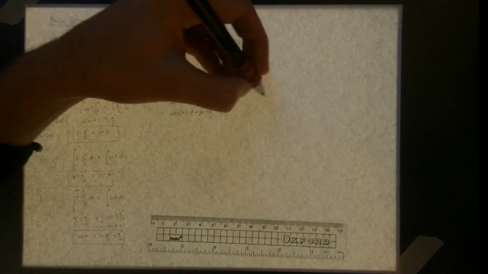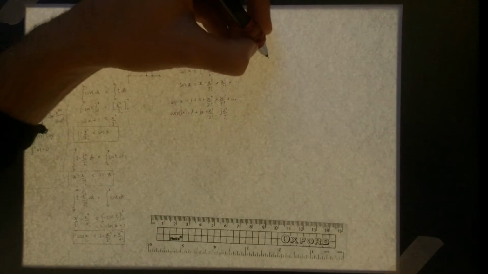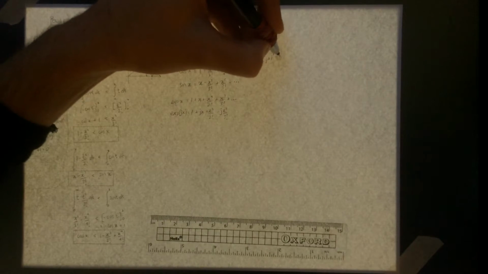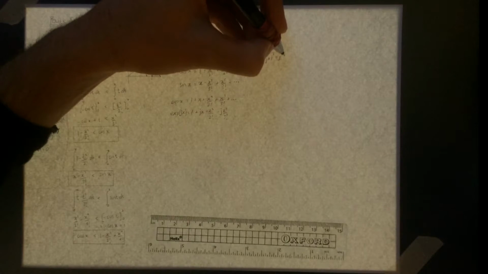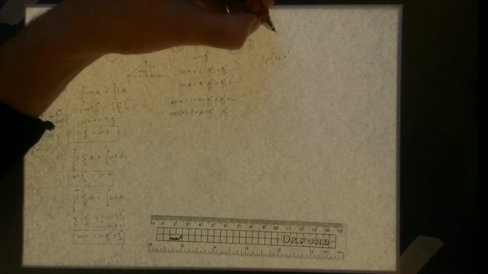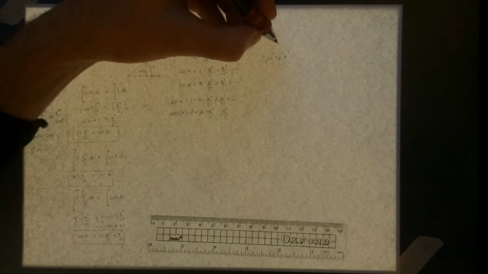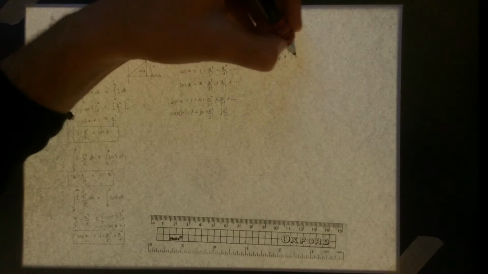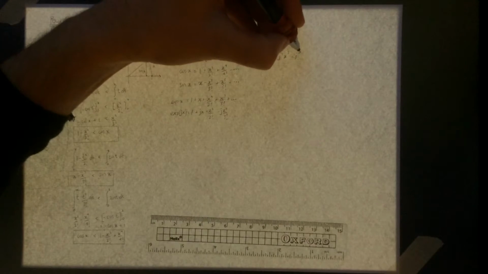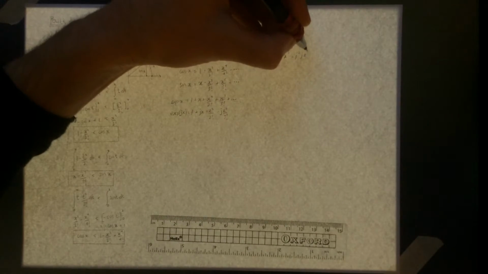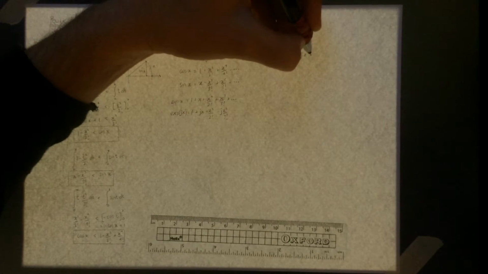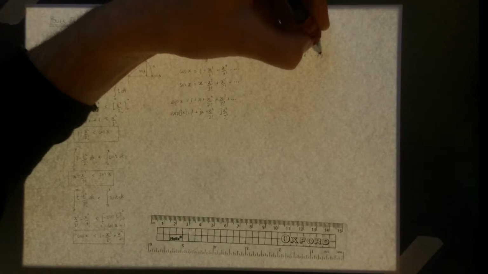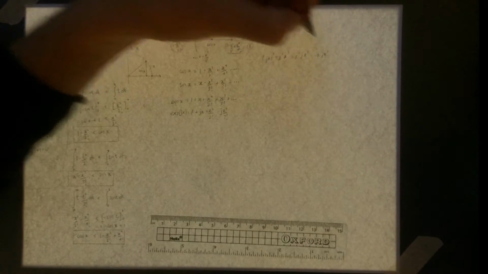Did that make sense? I had jx and I cubed it, it is j cubed x cubed, and j cubed is just j squared j x cubed, which is minus 1 j x cubed.